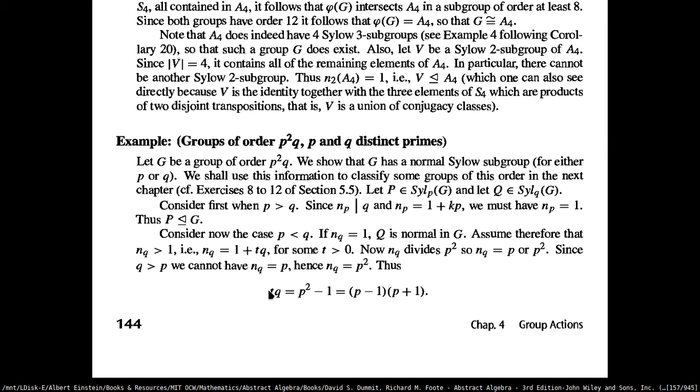What is T? Okay, there's T_Q. Right, he's saying T_Q is P squared minus 1. Q is prime.